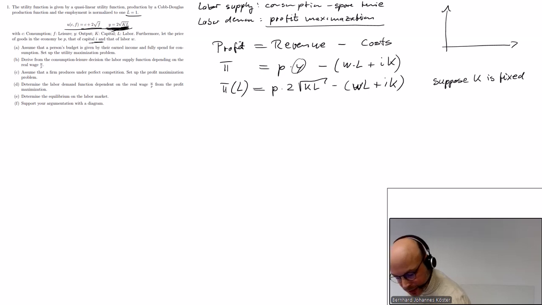What can we do here? We can do revenue and costs.